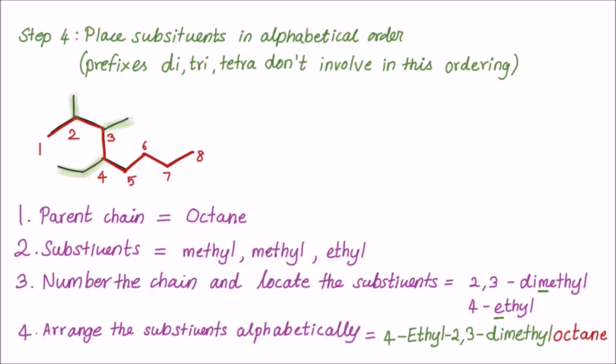So E versus M in alphabetical order, E comes first. So 4-ethyl-2,3-dimethyloctane. Octane is the name of the parent chain. So that's the complete name of the compound. There are 4 steps, and you have to follow the 4 steps when you name complex alkanes.